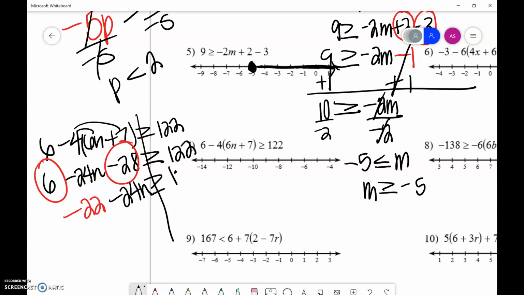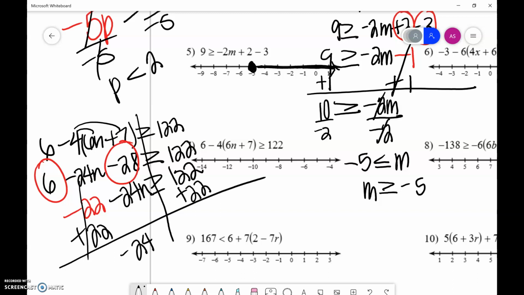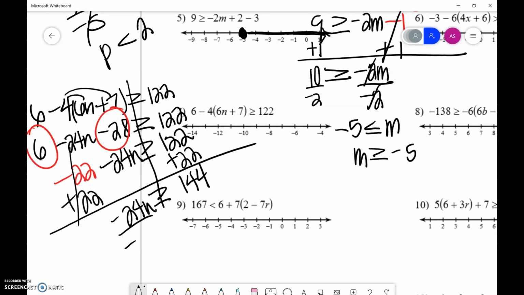So then from here, I'm going to add 22. I got negative 24n is greater than or equal to 144. Then I'm going to divide by negative 24.